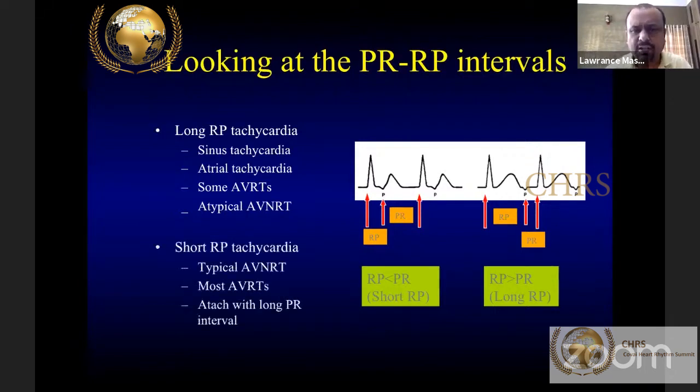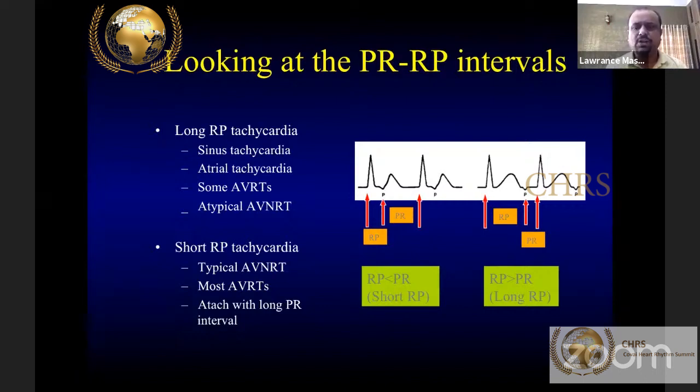Short RP tachycardias: most of your paroxysmal supraventricular tachycardias are going to be short RP tachycardias. The most common form is a typical AVNRT, and most of your pathway-mediated tachycardias will be narrow QRS tachycardias. To make it simple, the moment you measure an RP interval and PR interval, if your RP interval is shorter than the PR interval, you are talking about a short RP tachycardia.